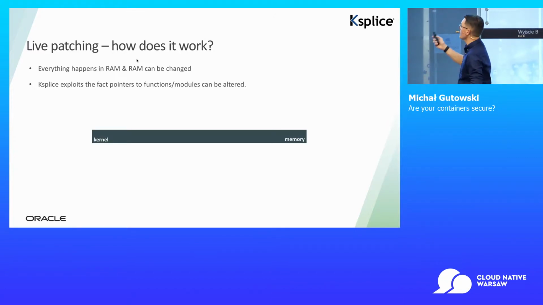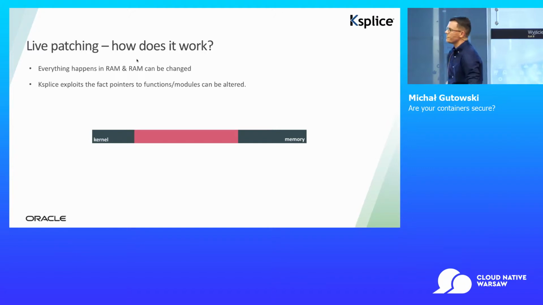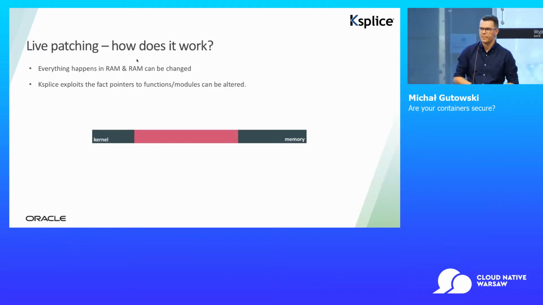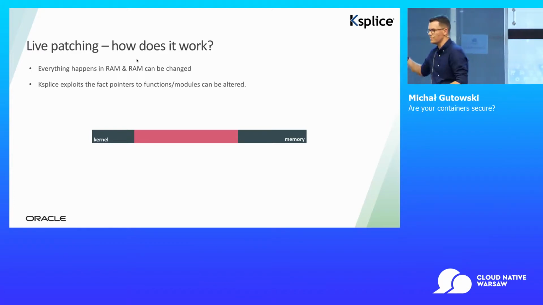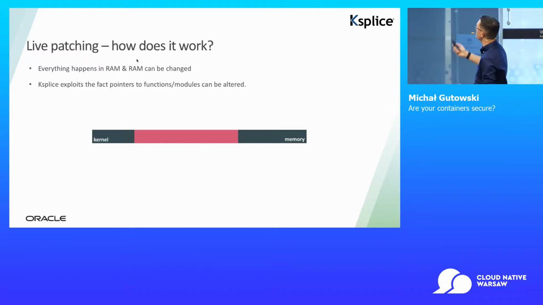So imagine that this is the kernel memory, some visual implementation of your kernel memory. And you have the code of your application that is loaded into this memory, right? This is like, I don't know, a Java class, for example, right?